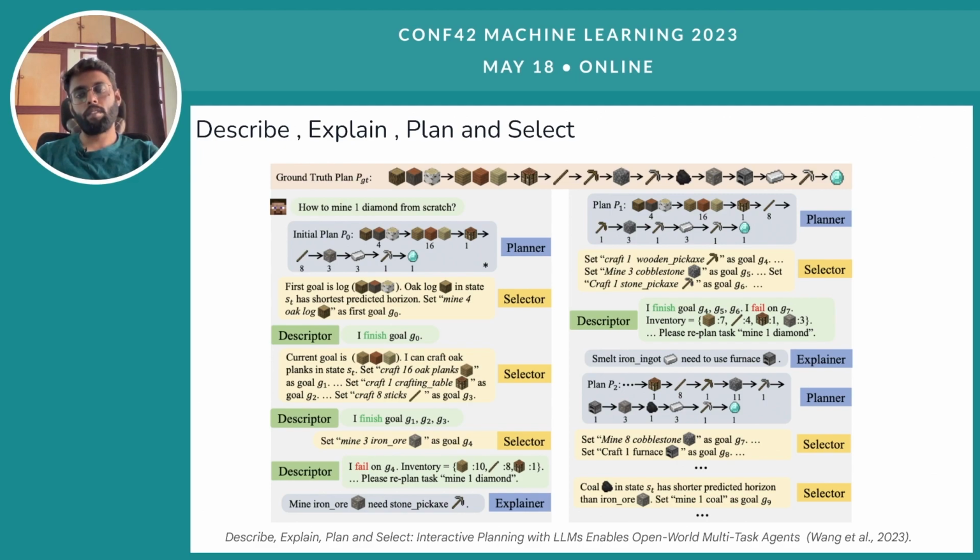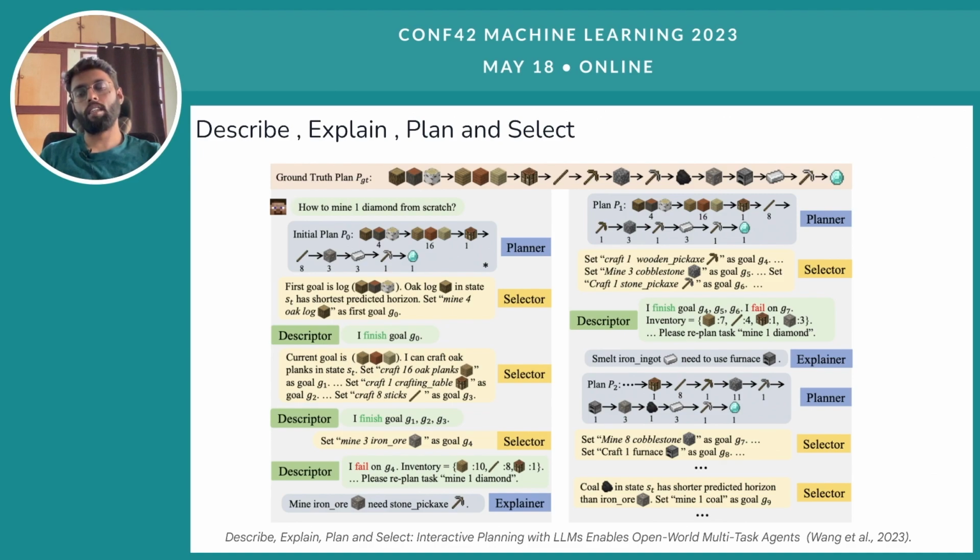So for example, for this task, how to mine one diamond from scratch, the planner module comes up with a set of plans of what tasks need to be done by the agent. From the few-shot examples in the ground truth plan, the planner would come up with an actual plan that needs to be executed.